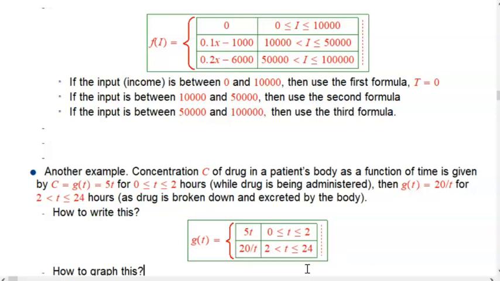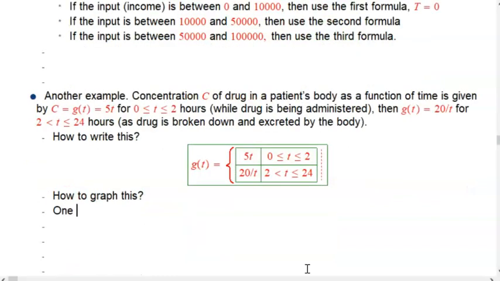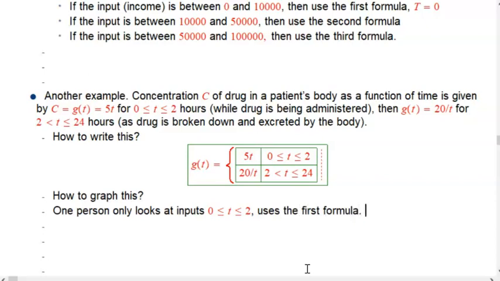So how would we graph that? Well, again, I like to use this idea that you're working on a paired project. One person only looks at inputs between 0 and 2 and uses the first formula. Okay, that's a straight line.